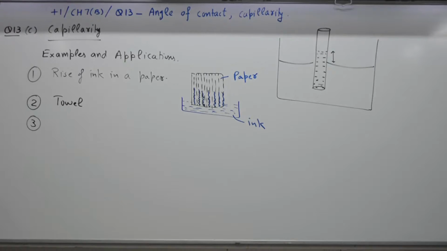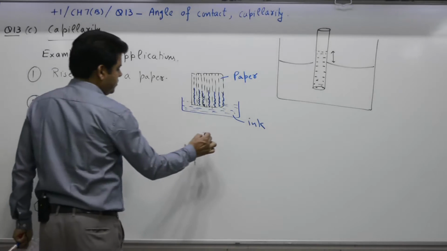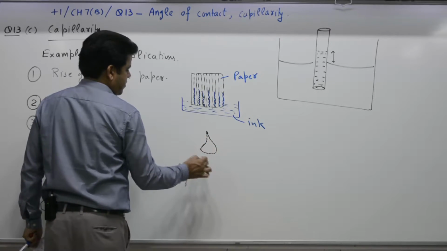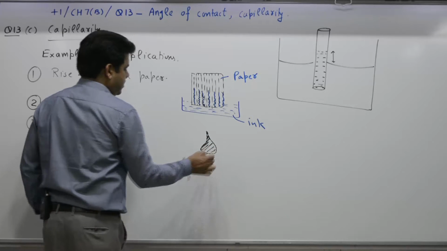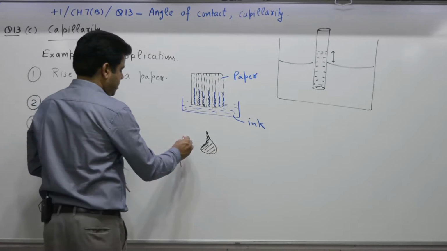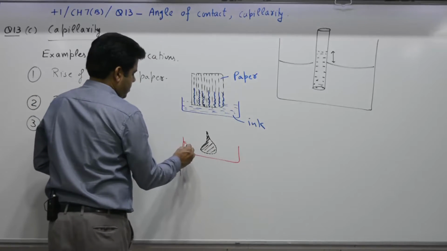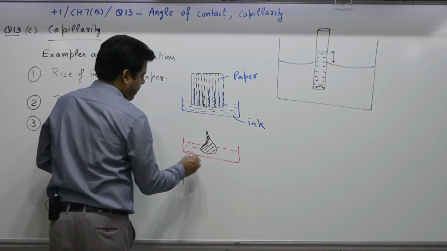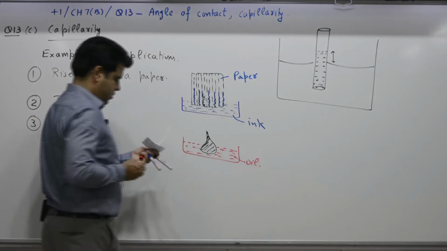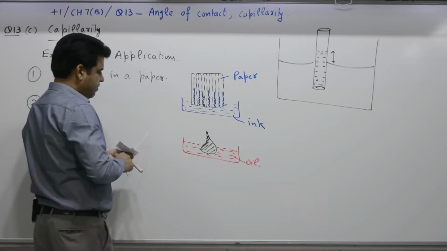3. Oil rises in a long and narrow space between the threads of a wick because they act as fine capillaries. This is cotton. Surrounding the cotton, you have oil. And you have a flame here.